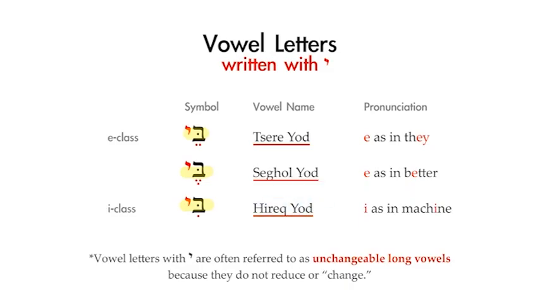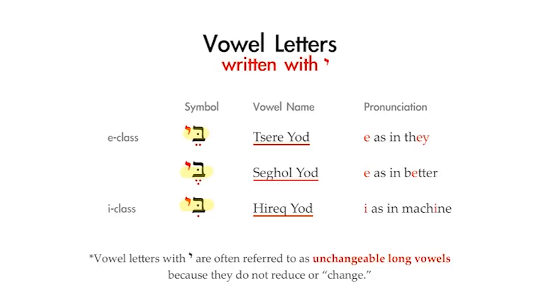Finally, the hirik yod is a combination of the hirik and the yod, and is pronounced like the I in machine. Once again, each of these vowel letters has a name that is a combination of the vowel and the consonant that follows, and they sound very much like the regular vowel that is associated with them. Once again, the pronunciation: be, be, and bi.